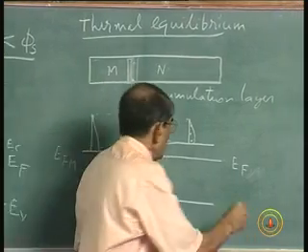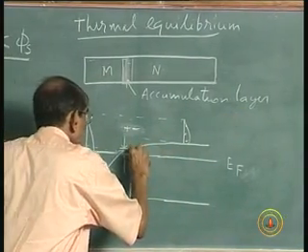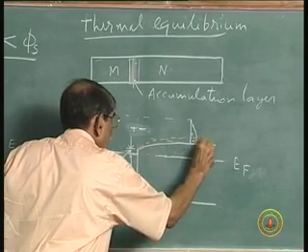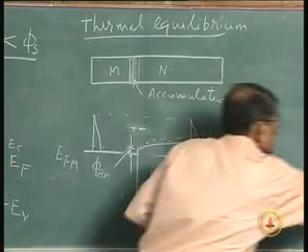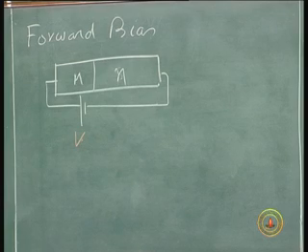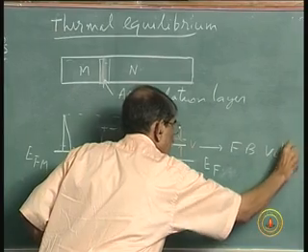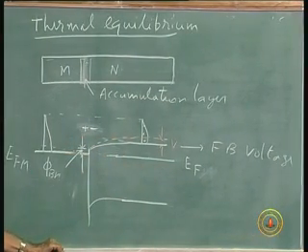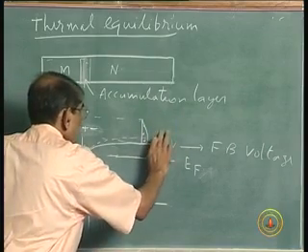So, in a forward bias, if you take a look at that, this whole diagram will actually be shifted. So that is the forward bias V. Now, if that is the case, what will be the distribution now?